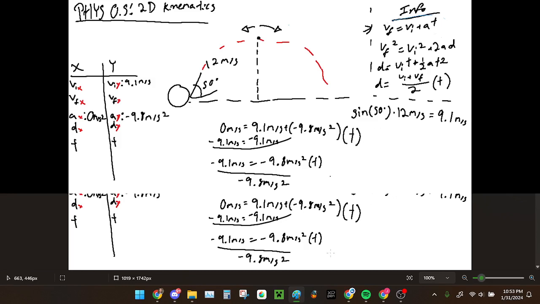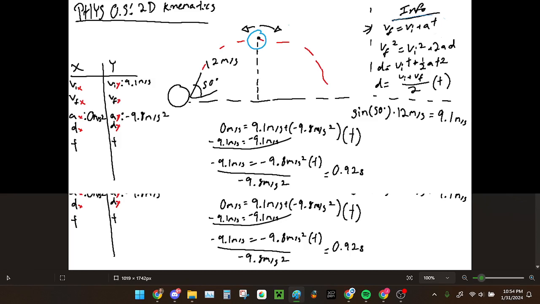This is why we should have a calculator. 9.1 divided by 9.8 will equal 0.92 seconds. Actually, this rounds up to 0.93, but I don't really care. You get 0.92 for your half time.